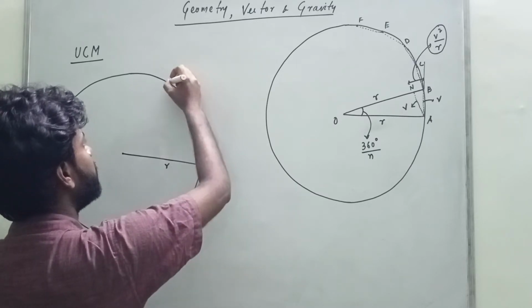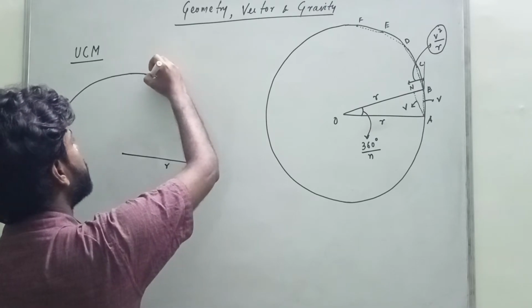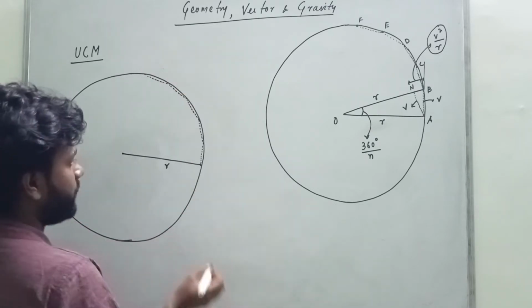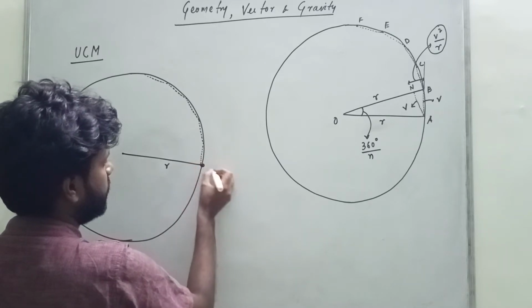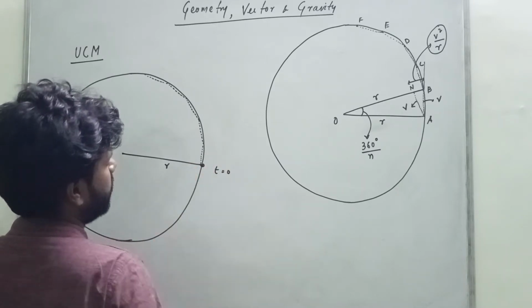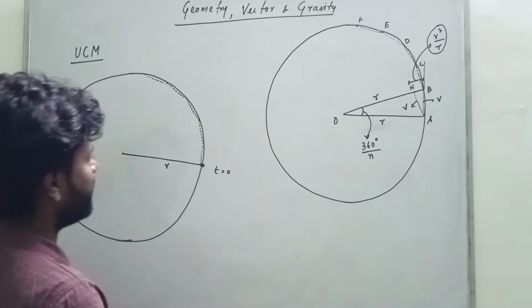I draw just 3 or 4 sides. When the particle is here at t equals 0, this is the velocity of the particle.